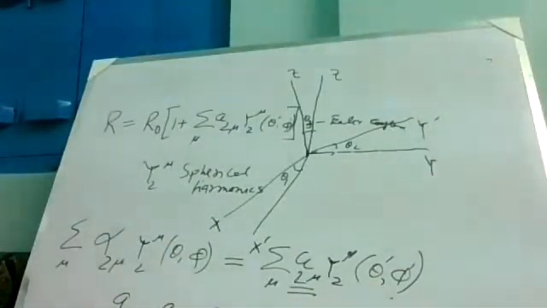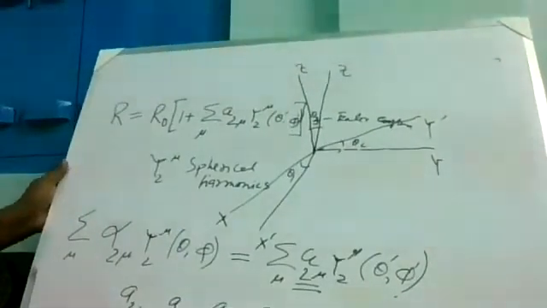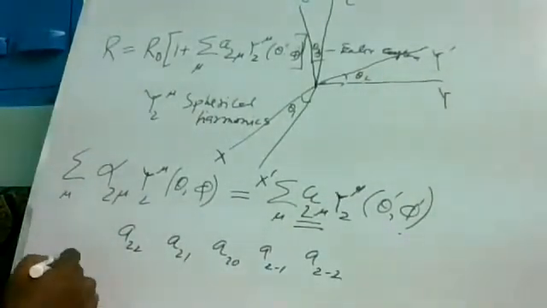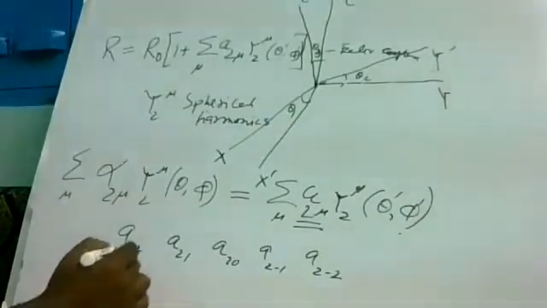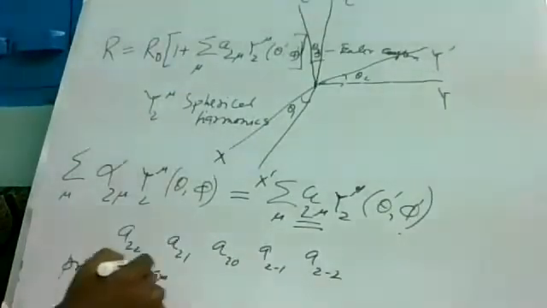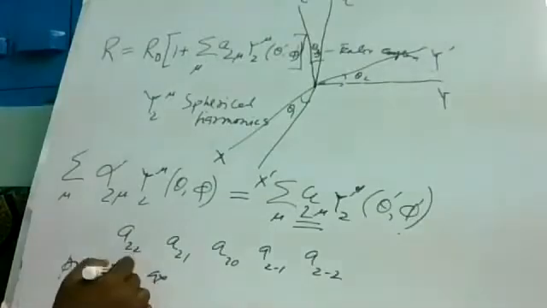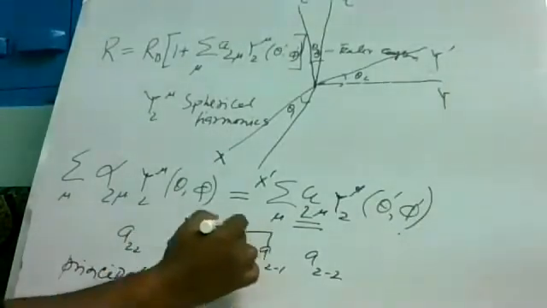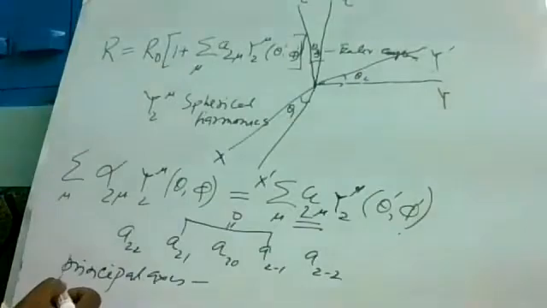Now, if we take the axis to be the principal axis, then these two terms, A21 and A2 minus 1, will vanish, will be 0, because these are like product of inertia terms.